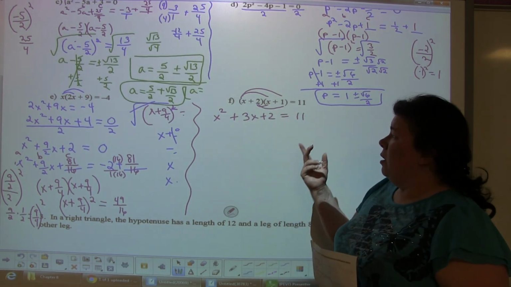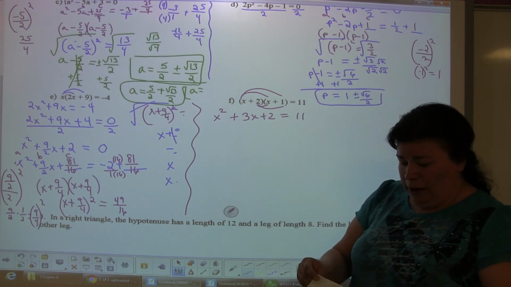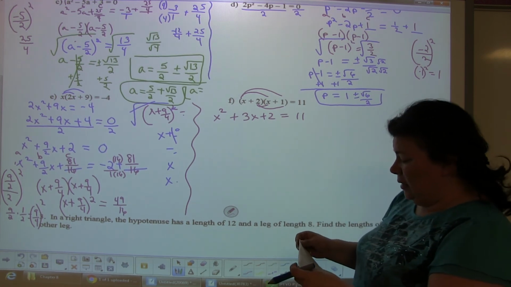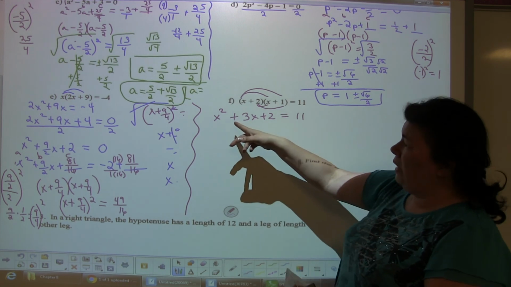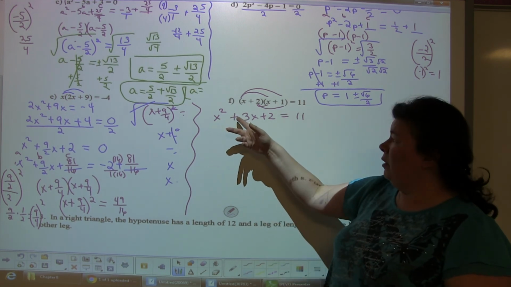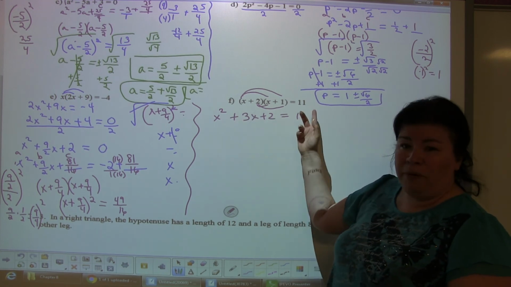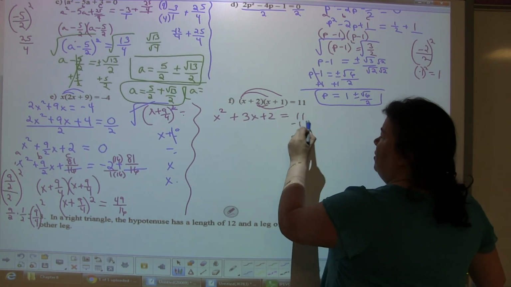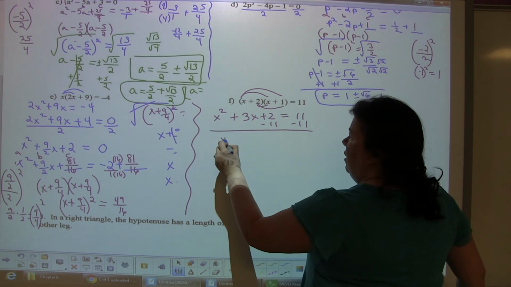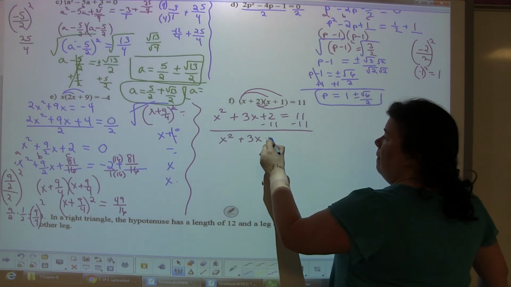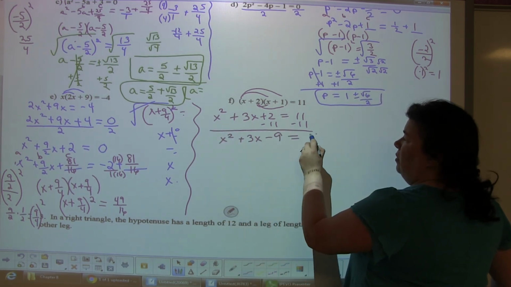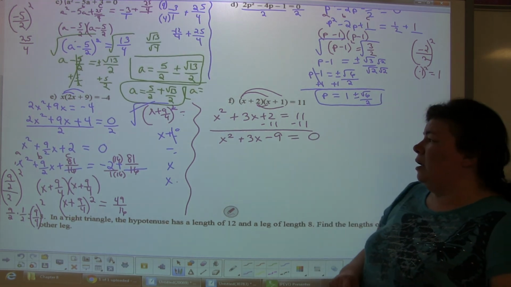Okay? Now, if you look here, we already have our number in standard form, but we have to get this on the other side. So I have x squared plus 3x minus 9 equals 0, okay?